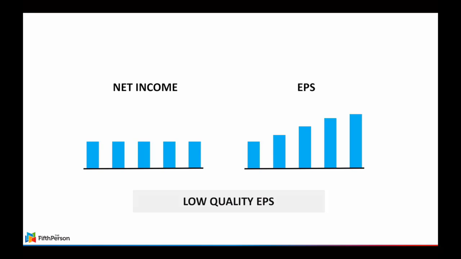But for us as investors, we prefer high quality EPS, where the net income increase is followed by the earnings per share increase. Why we want to focus on high quality EPS is because there's a double boost. In the case of low quality EPS, the earnings growth has slowed or maybe stagnated, but the company is growing fast because they are buying back shares.